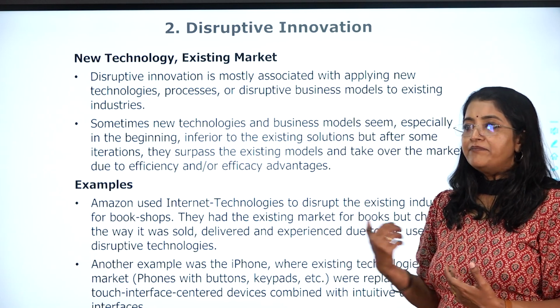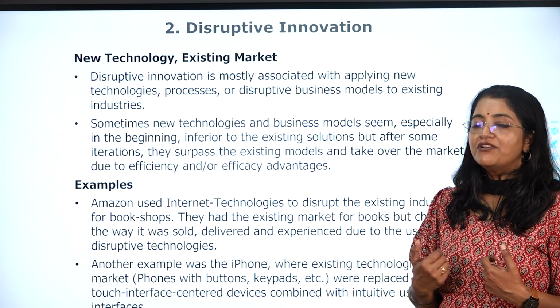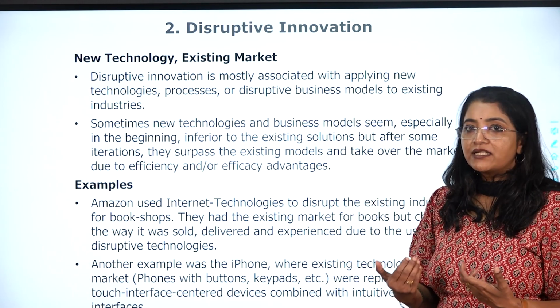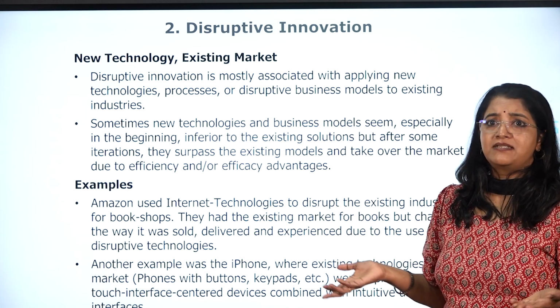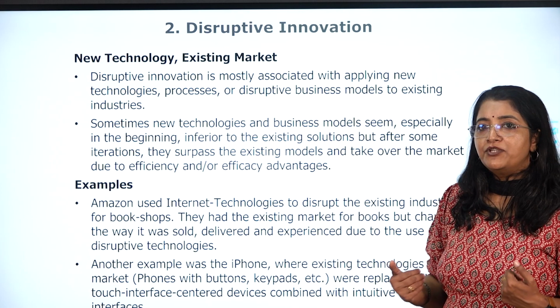So, this might be continuous improvement again and the addition of new features and new technologies, but you have an existing market where all these products might be sold and all the customers might be using them.